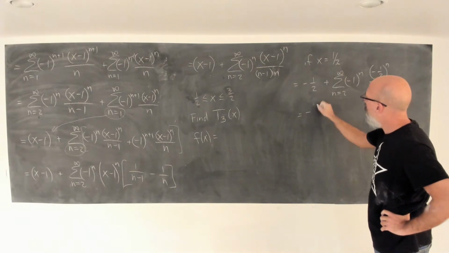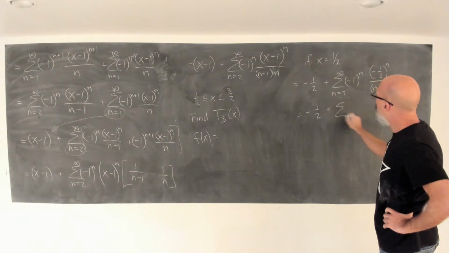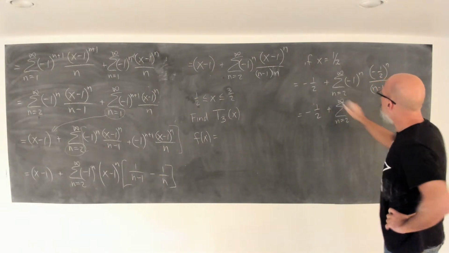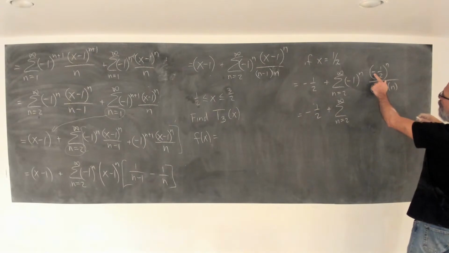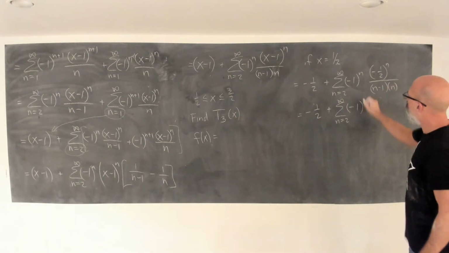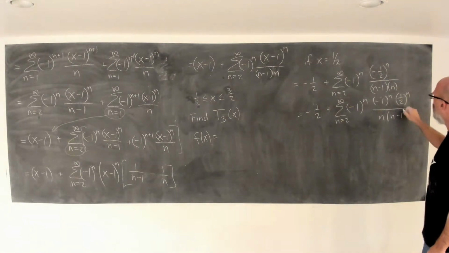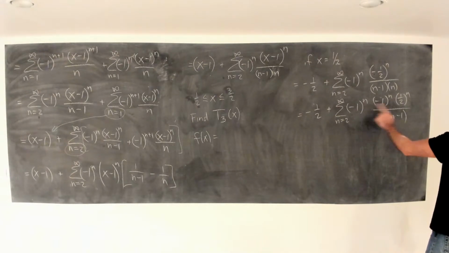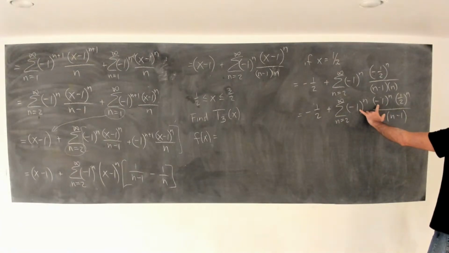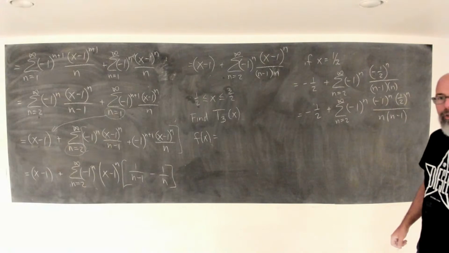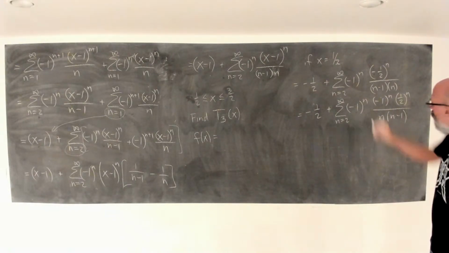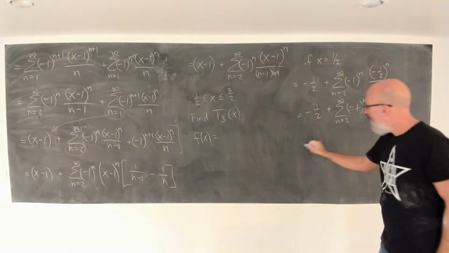And this whole thing, and negative 1 to the n times negative 1 to the n is negative 1 to the 2n, which is always 1. So these cancel out.